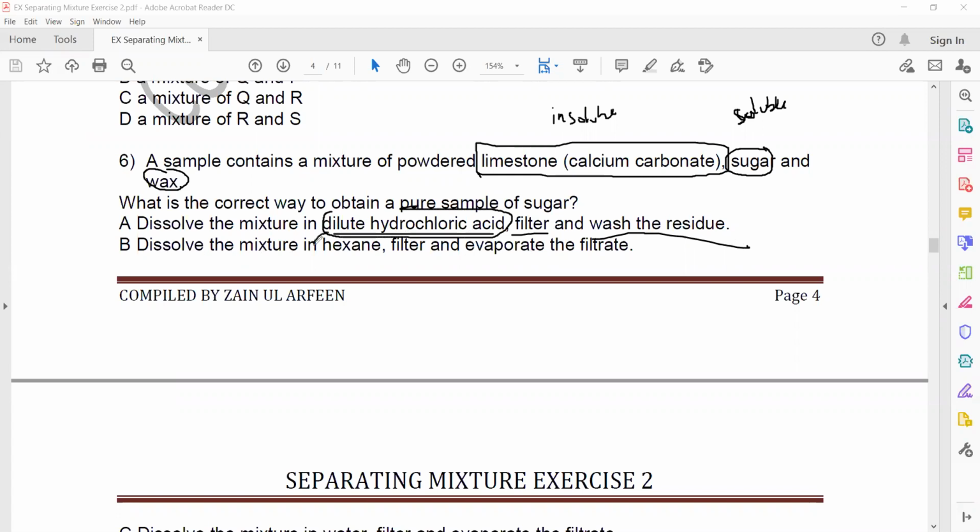Dissolve the mixture in hexane. Hexane, it's organic compound. Organic compounds can dissolve organic substances. Wax is an organic substance. So what will happen if you mix in wax? If you add the mixture to hexane, the wax will dissolve and calcium carbonate and sugar will not dissolve, so it will not be accurate.